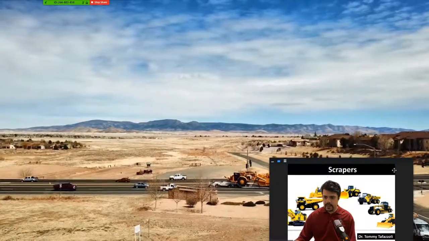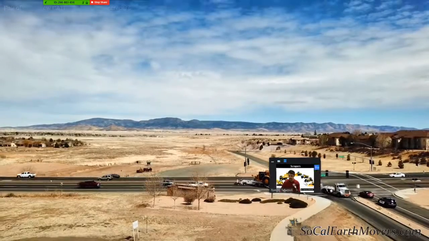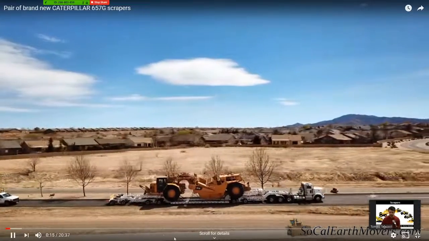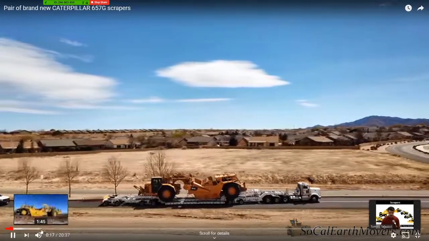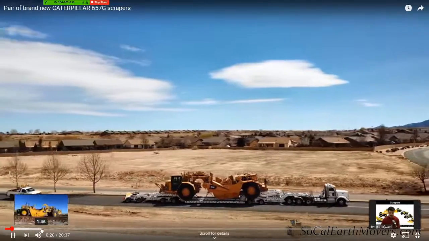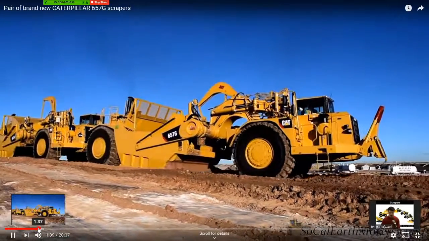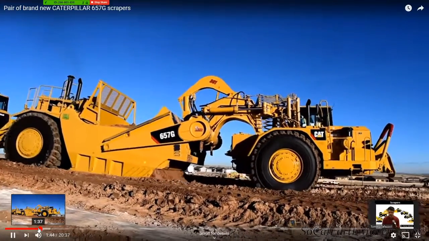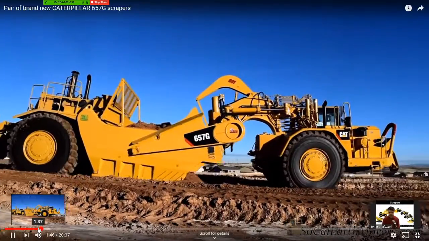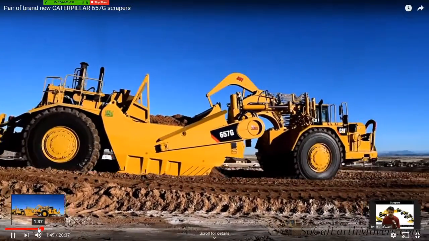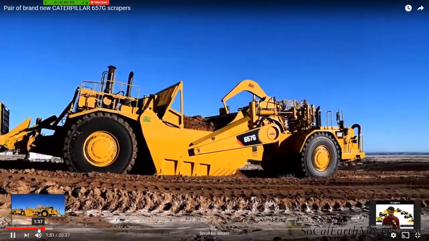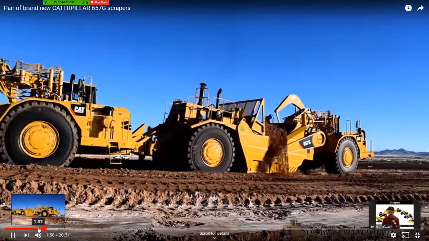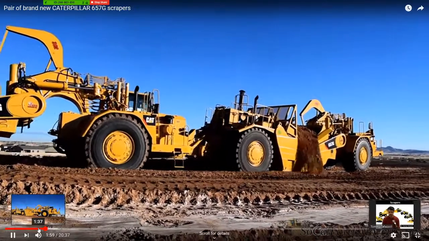So this is how they are moved to the job site. As you can see, they're pretty big machines. You will see this is a type of scraper that could be combined with a loader that pushes it.